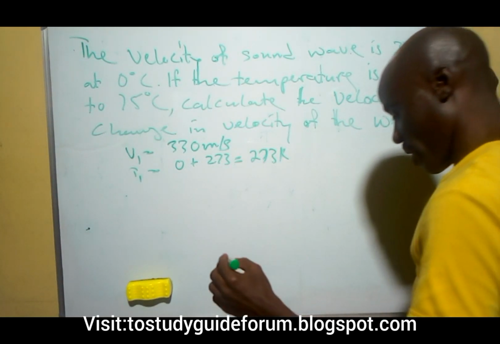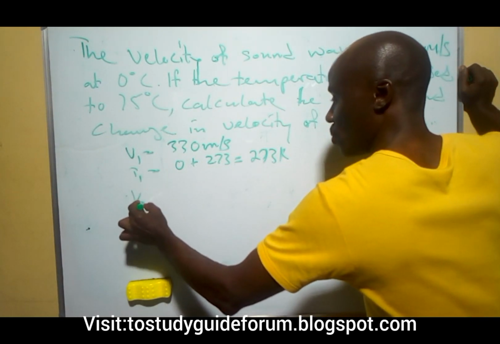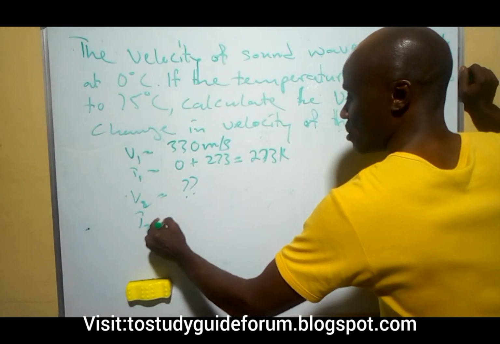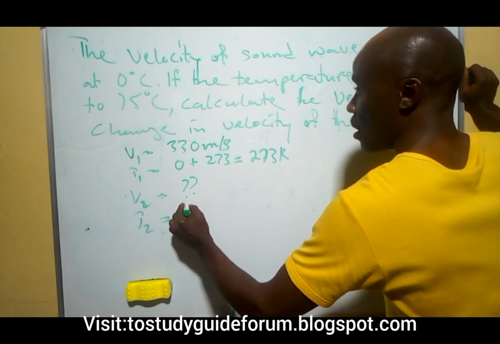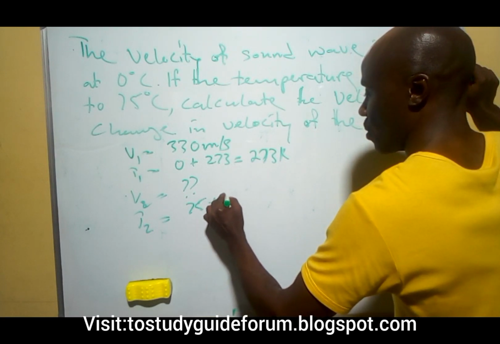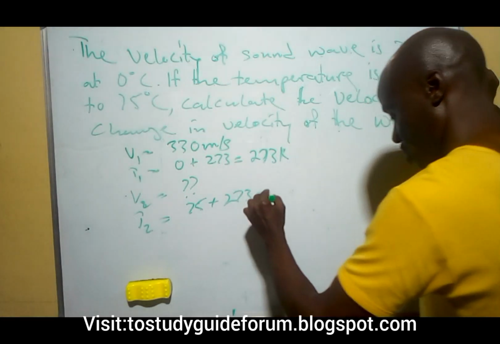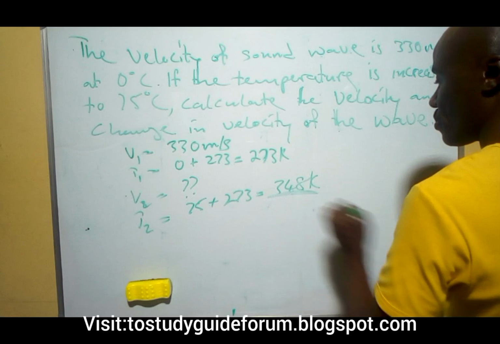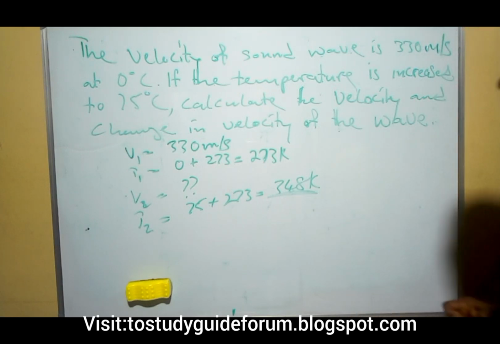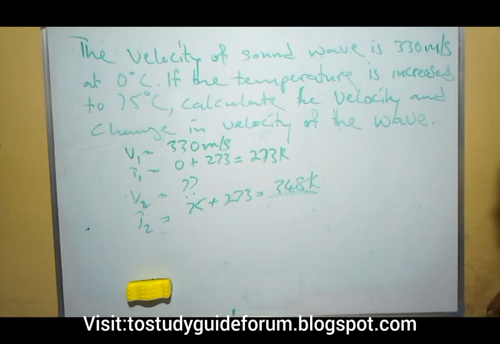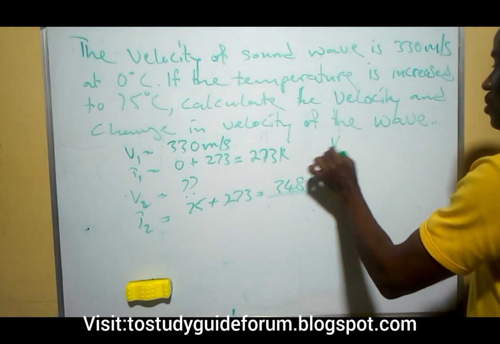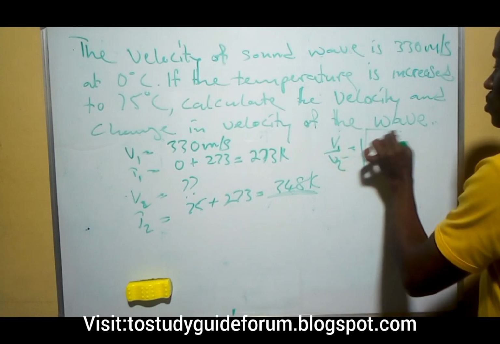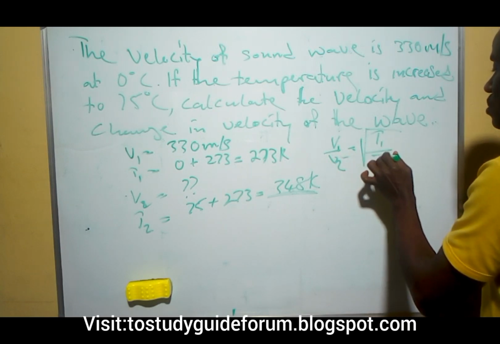And then we have another one, the V2 is equal to unknown, and then the T2 is what? 75 plus 273, that will give us 348 Kelvin. Okay, now to find the velocity, we use our relation V1 over V2 equal to T1 over what?